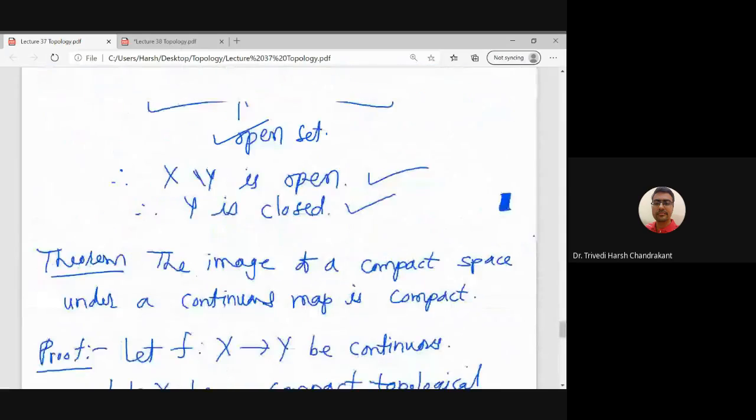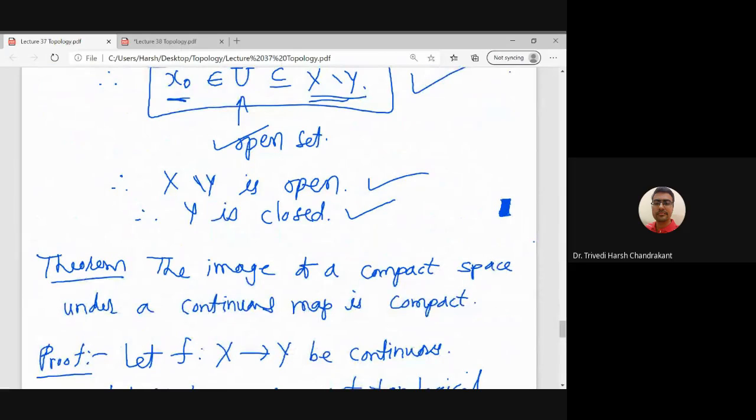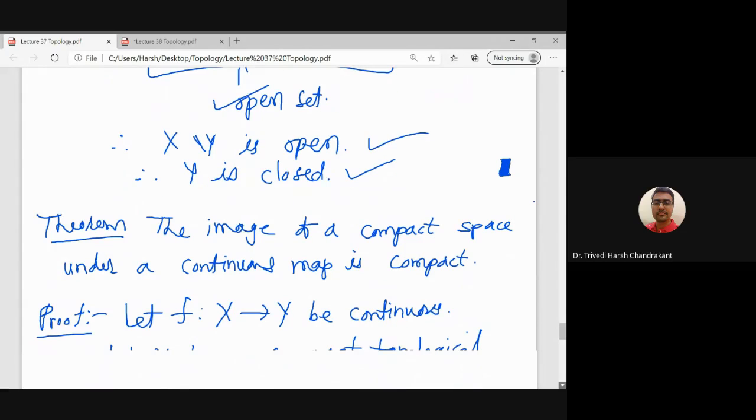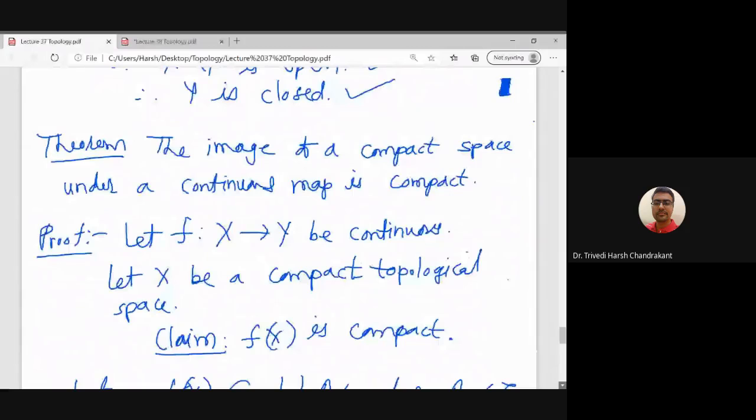And the last result which we discussed is that we proved that connectedness is a topological property, so it is preserved under continuous functions. Similarly, this result says that compactness is a topological property. If I take the image of a compact space, it is also a compact space. A continuous image of a compact space is always a compact space. That means if f is a continuous function from X to Y, and we know X is compact, then f(X) is also compact.